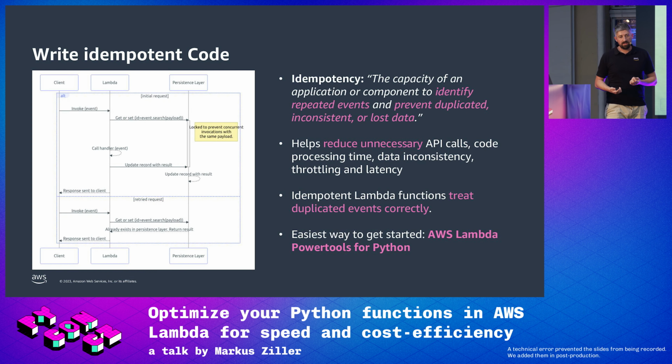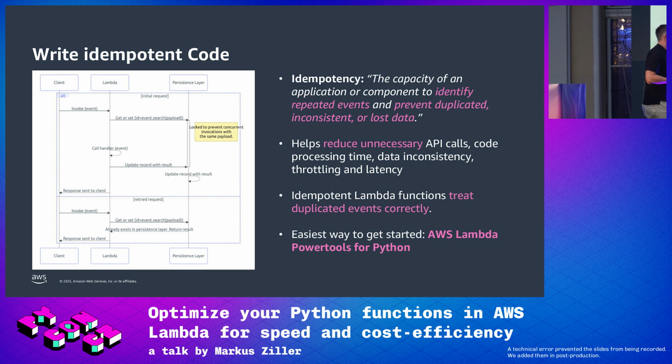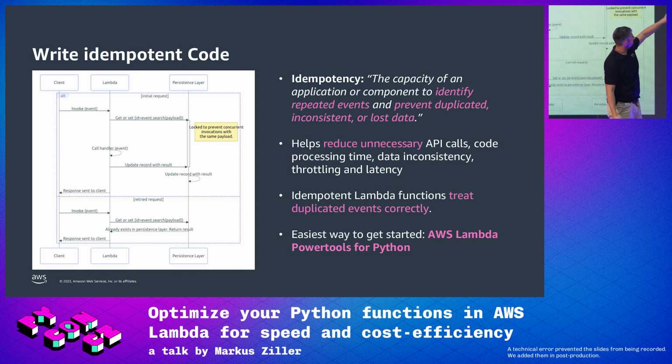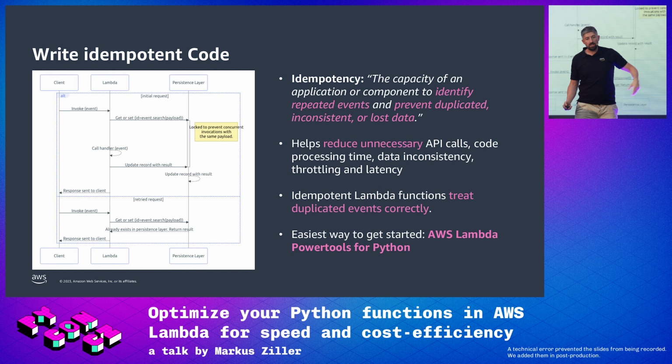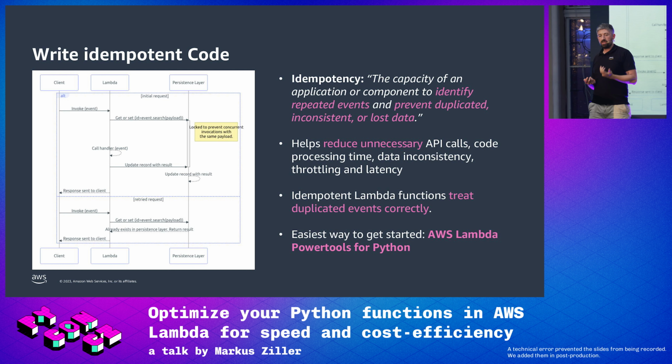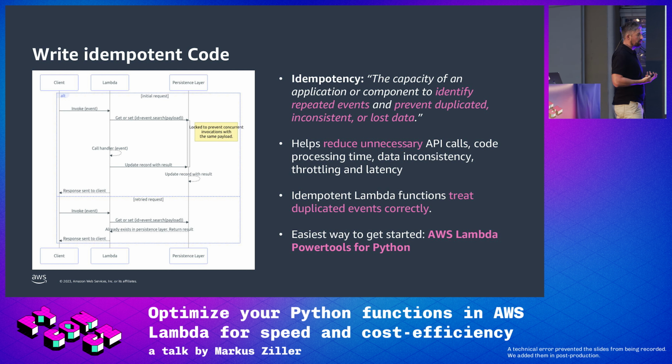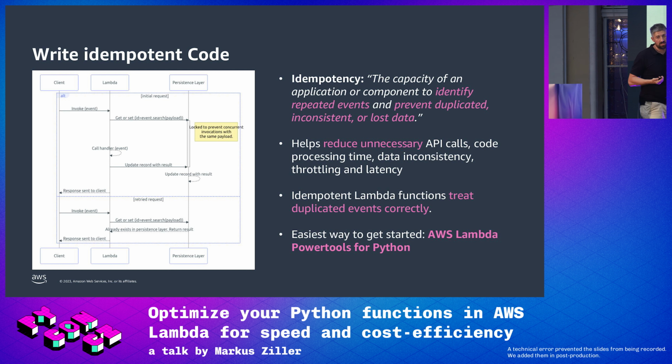We recommend to write idempotent code, and idempotency is a bit of a tricky thing, and I can't remember the definition. It's the capacity of an application or component to identify repeated events and prevent duplicated, inconsistent, or lost data. At the end of the day, it is about treating duplicated events correctly. Lambda is an event-driven system, and we have at-least-once semantics. There might be cases where you just don't care about duplicated events.